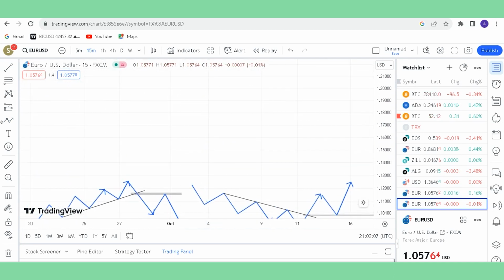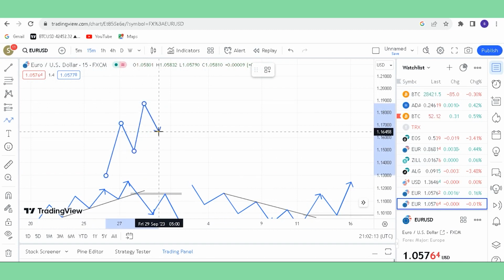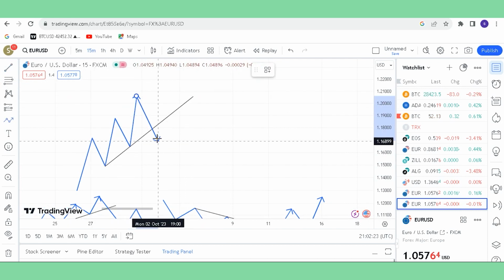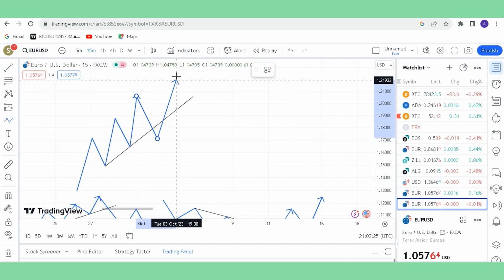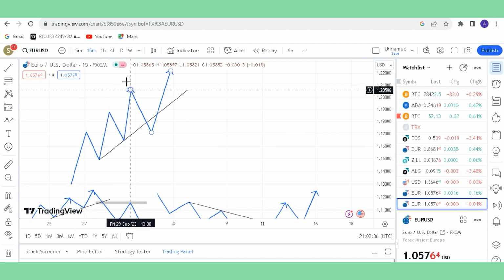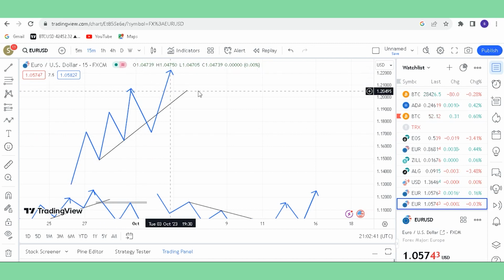Next thing that can happen is that we have an uptrend. This is a trend line. The price goes and breaks this trend line, but again goes up. Here we are still in an uptrend because we have high, low, higher low, higher high, higher low, because it's higher than this, and high.